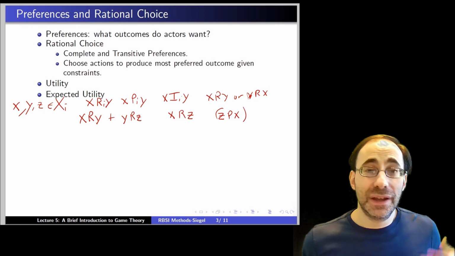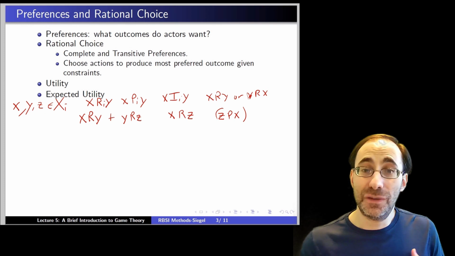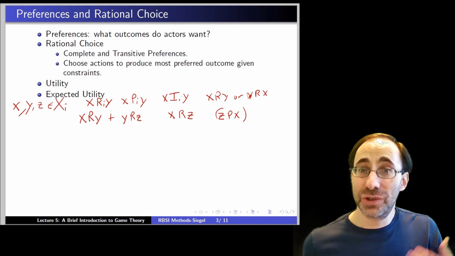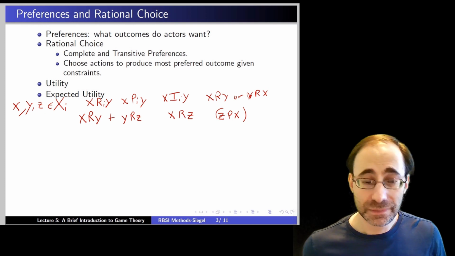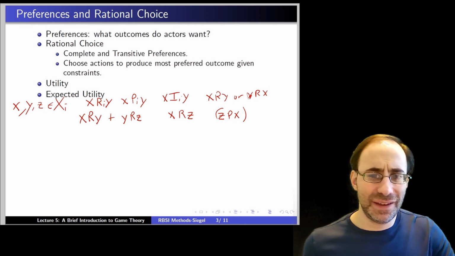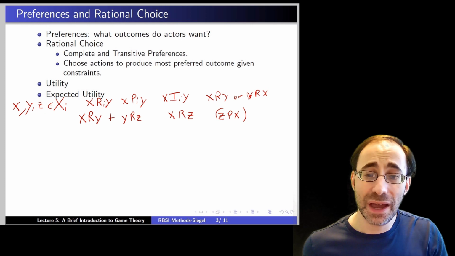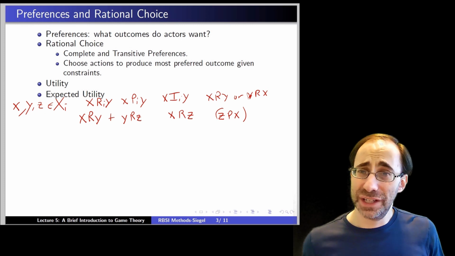Well then, if I like x better than y, and you have x and I have y, I will trade you my y for your x. By the same token, if I have z and you have y, I would trade you my z for your y. So how does this work in sequence?